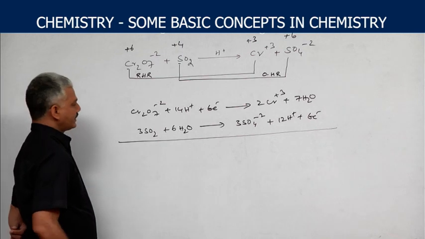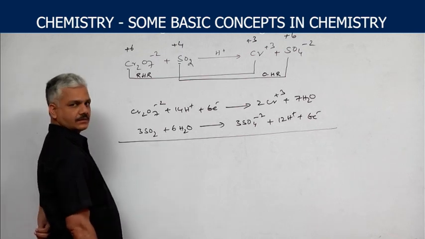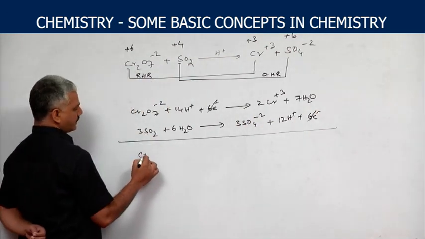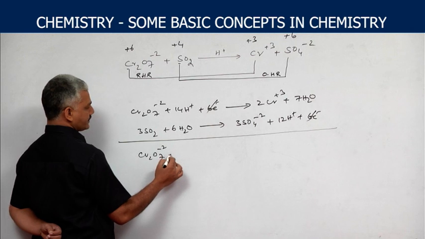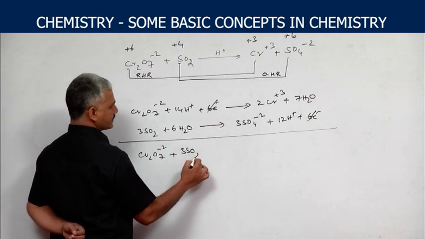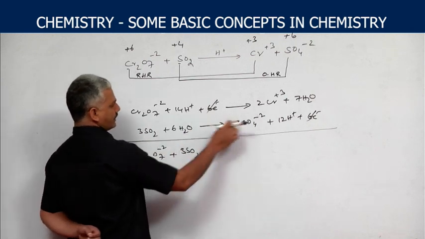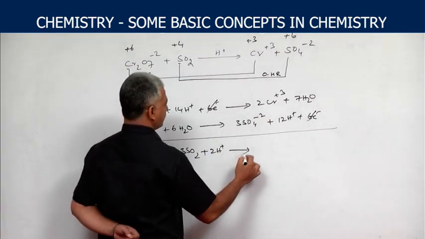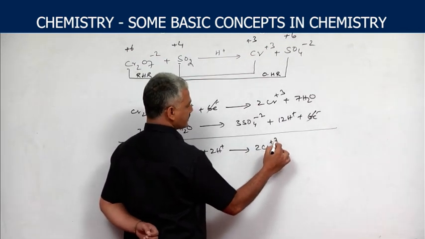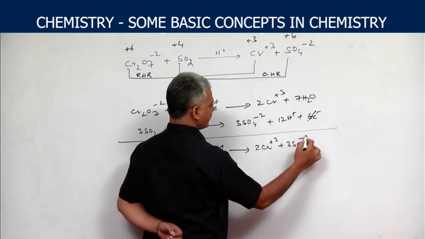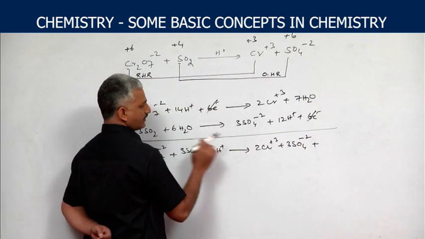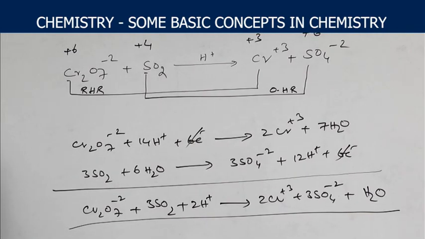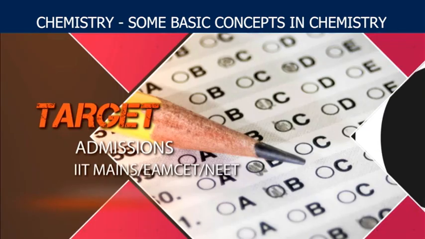Adding the 2 half reactions, whatever is common on opposite sides gets cancelled. So finally, Cr2O7 2- plus 3SO2 plus 2H+ gives 2Cr3+ plus 3SO4 2- plus 1 water molecule. This will be the completely balanced equation.